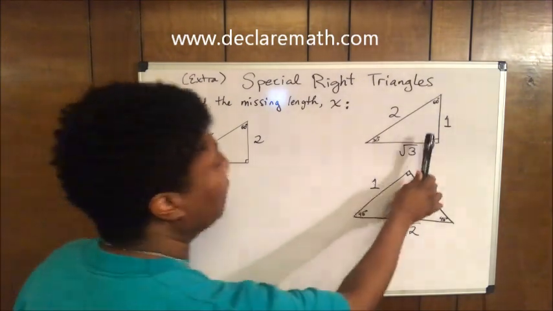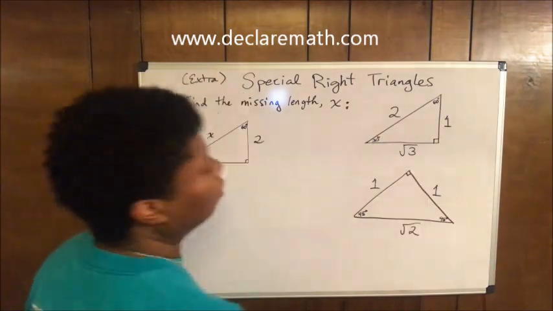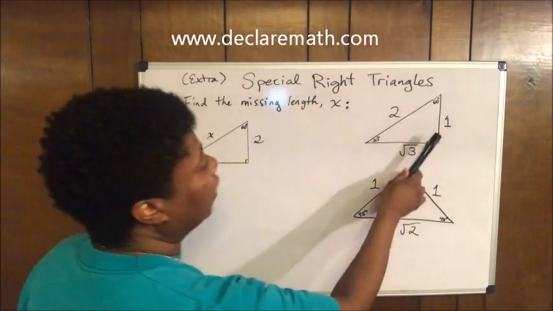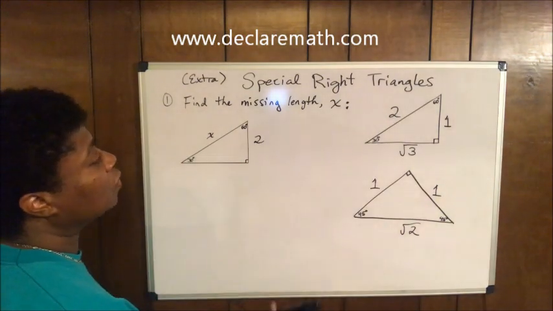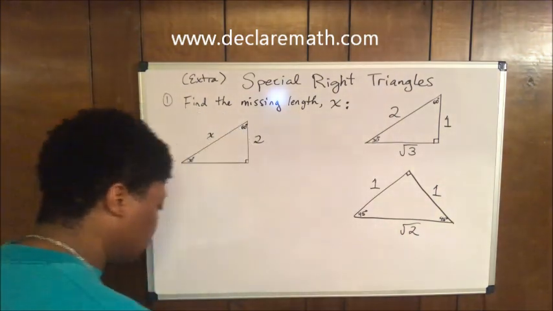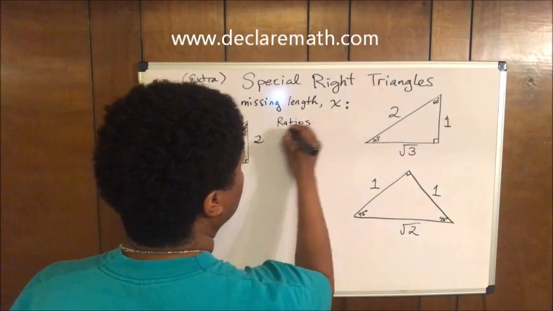Notice in our special right triangle, the side opposite of our 30-degree angle is 1, and the side opposite of our 90-degree angle is 2. So what we need to do is set up ratios.